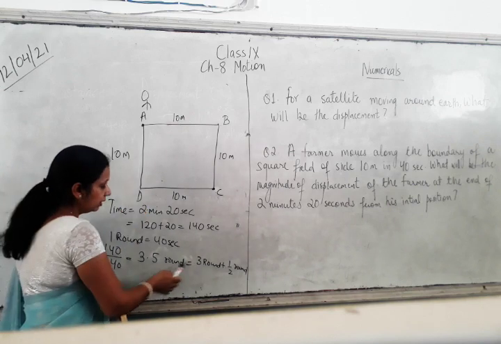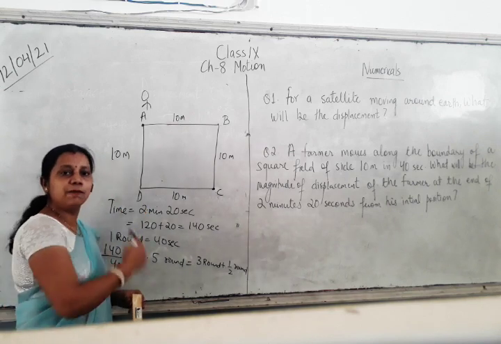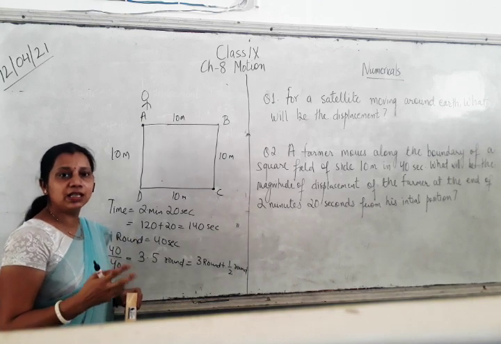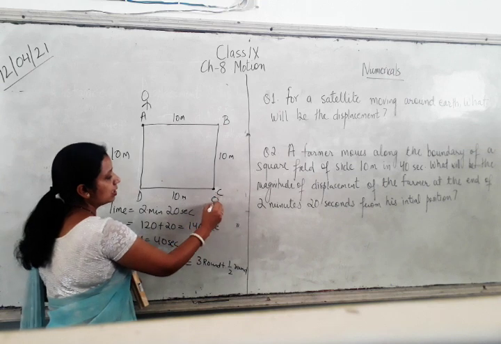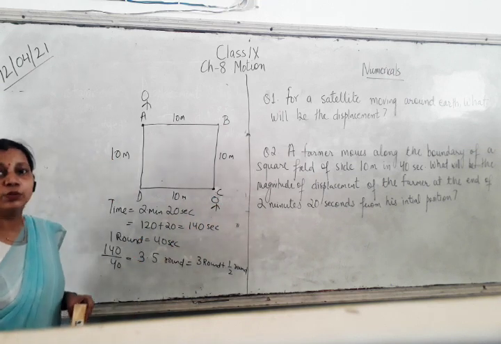Now he is taking 3.5 rounds. That means 3 complete, and half a round means he will cover 20 meters more. So he will reach here at C position. So this is his final position.